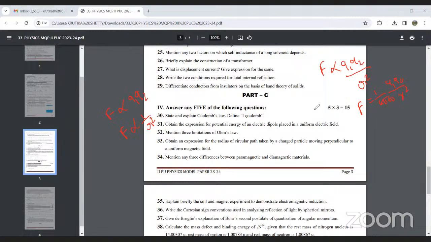Okay, now define 1 coulomb. How to define 1 coulomb? It is nothing but the unit of the charge. You have to define it as 1 coulomb.